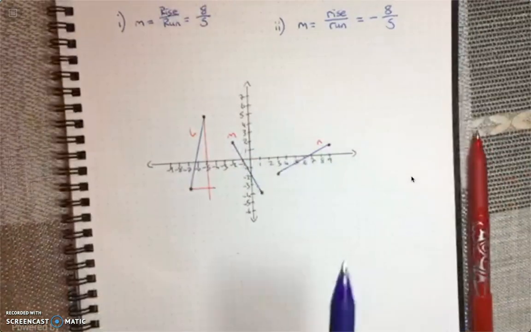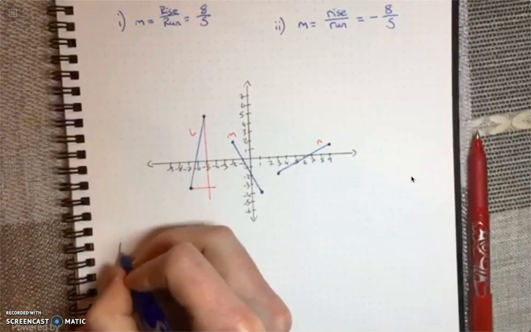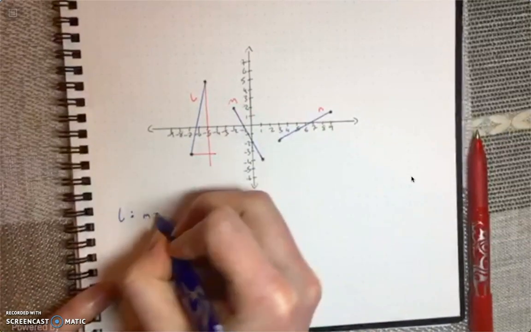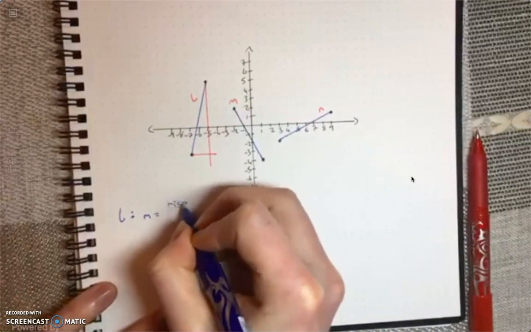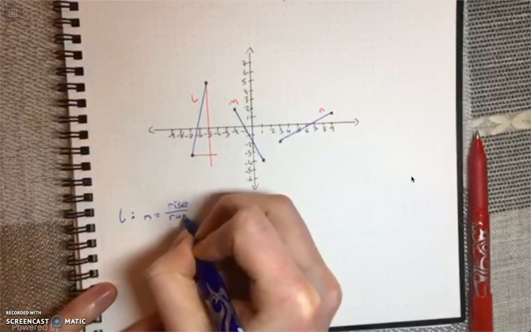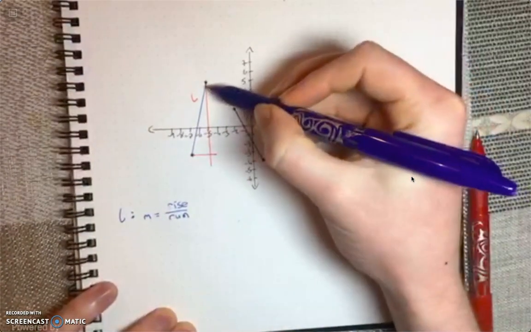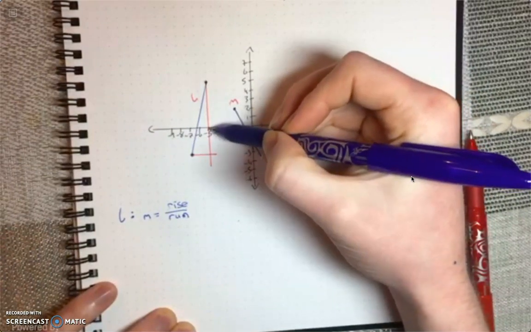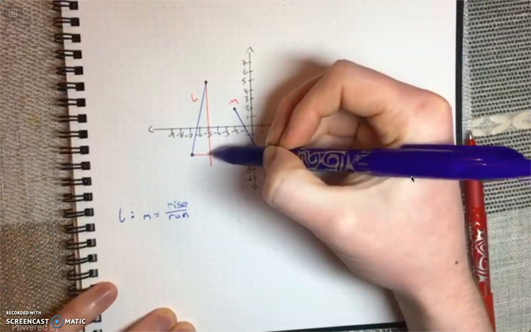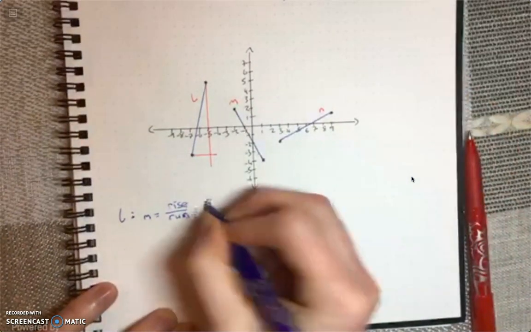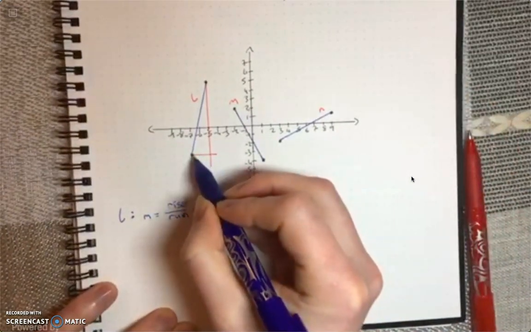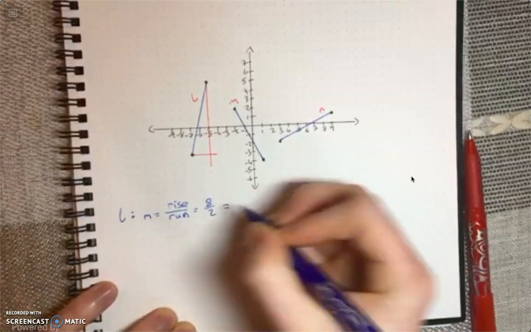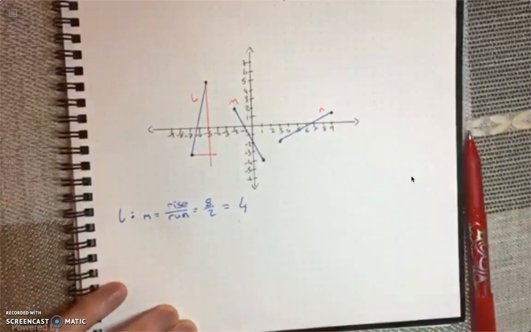So my slope for L, so remember M is equal to rise over run. So my rise, I count how many boxes, 1, 2, 3, 4, 5, 6, 7, 8. And I count how many boxes across, 1, 2. So 8 over 2, which is the same as saying 4.